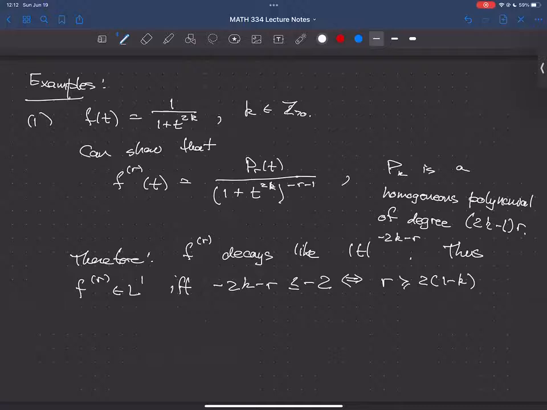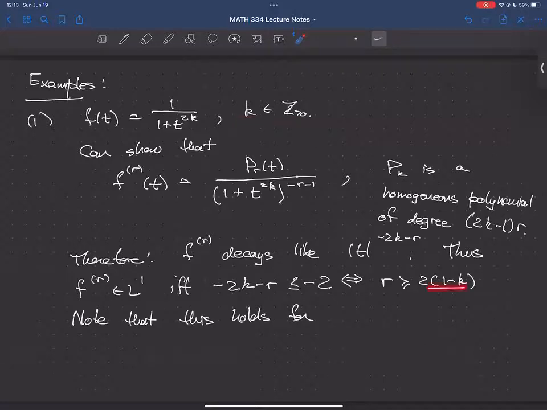And so therefore, we can conclude from this, notice that this holds because k here is a positive integer.